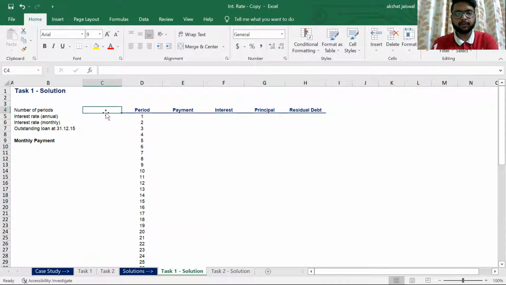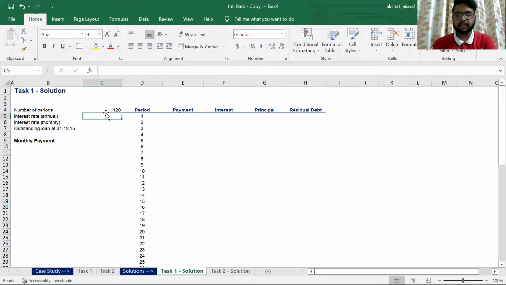It's 10 years, so we have to find the monthly payment, right? So it will be equal to 10, the number of years, multiplied by 12 because we have to find how many months he has to pay. So it will be 120 months. That's equal to 10 years.